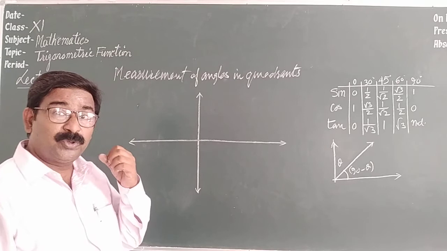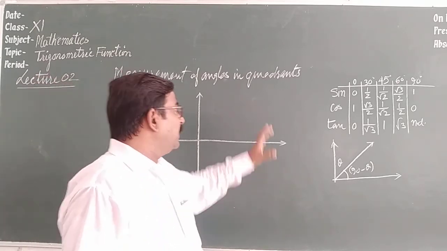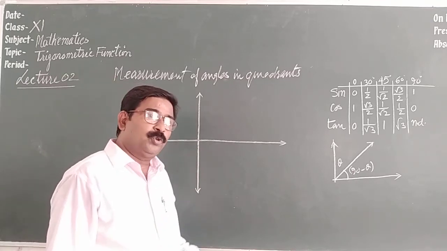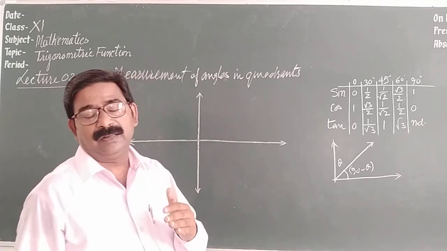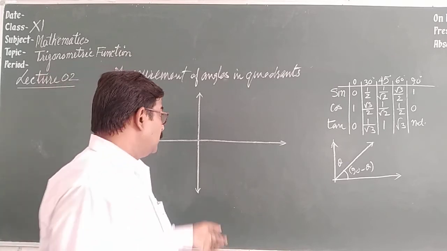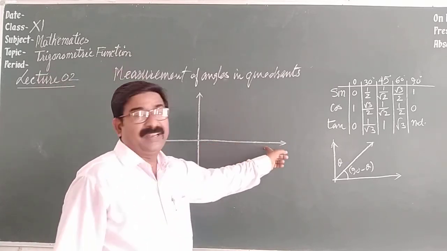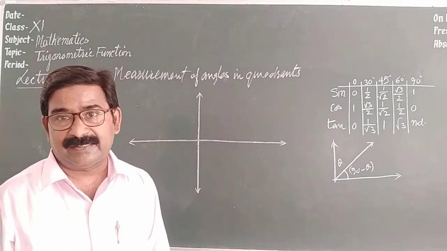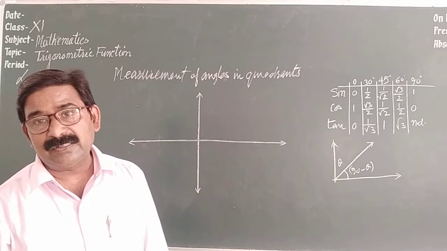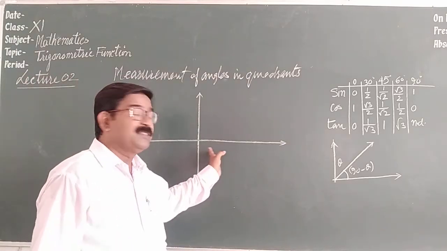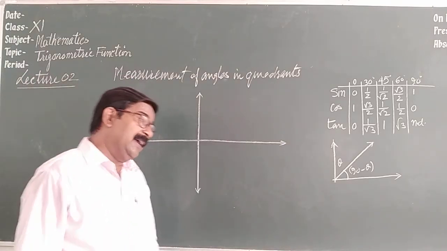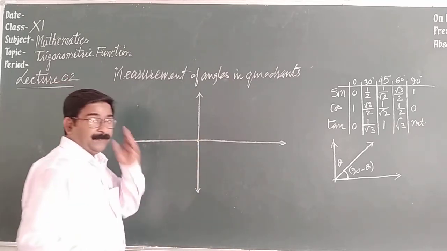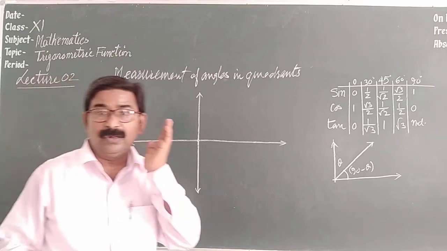But one thing you should keep in mind, whatever the measurements of angles are, you should always think that the initial ray is always on the positive side of the x-axis, and its initial point is on the origin.